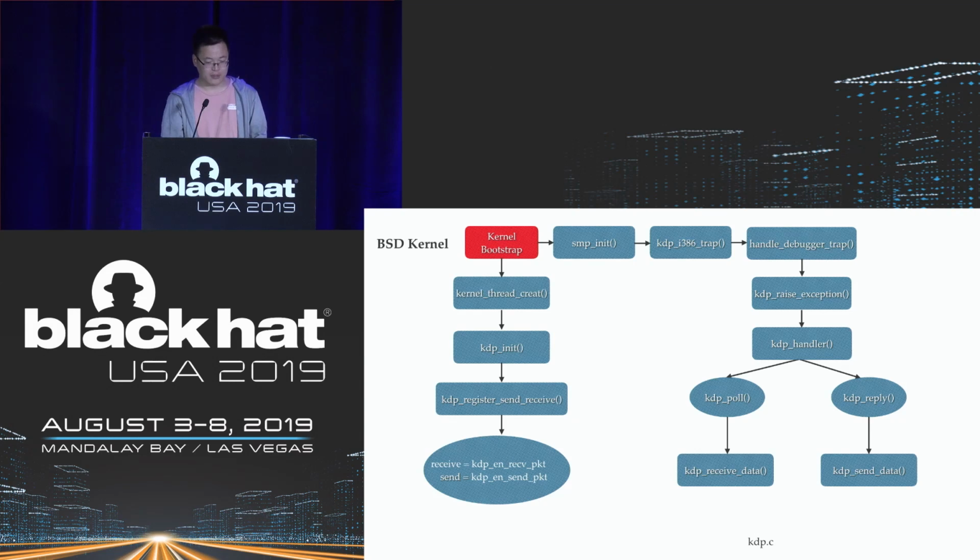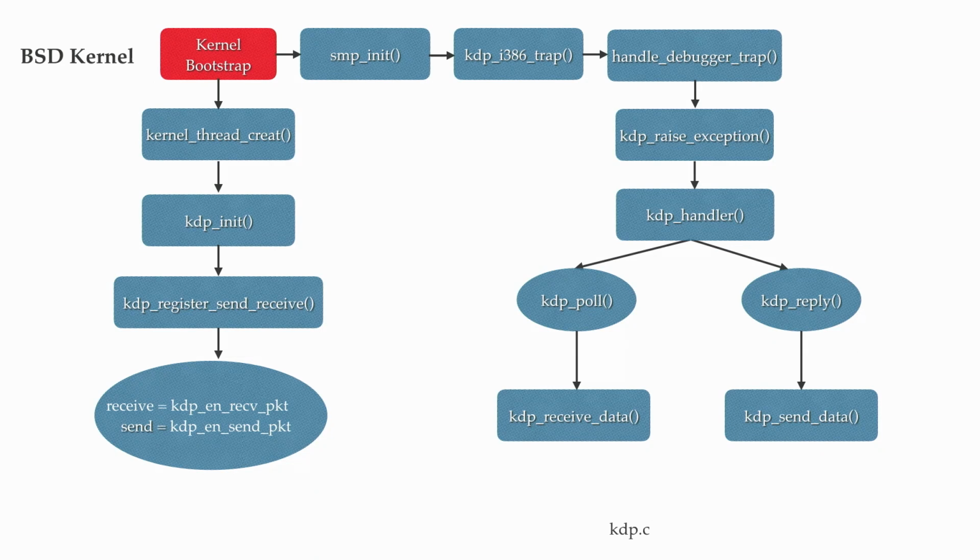For the kernel part, when the kernel bootstraps, the system will create a KDP init thread and implement a debugger trap. The KDP init thread will expose a KDP register function which can be used by our networking extension to register send and receive handlers.